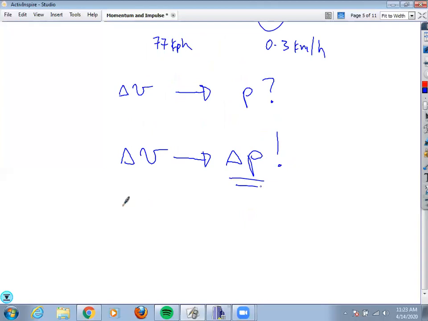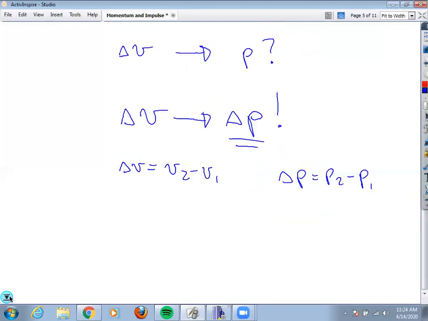So if delta V is defined as V2 minus V1, it only makes sense that delta P would equal P2 minus P1. So there will be a change in momentum. But if P equals mv, what does delta P equal?